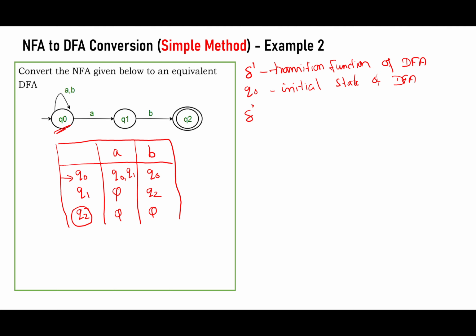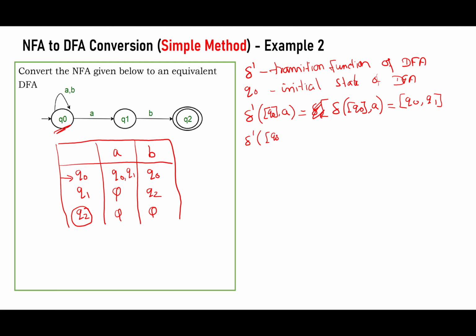We will write delta dash of q0 comma a. It can be written as delta of q0 comma a. We can check the table. What is q0 comma a? It is q0, q1.